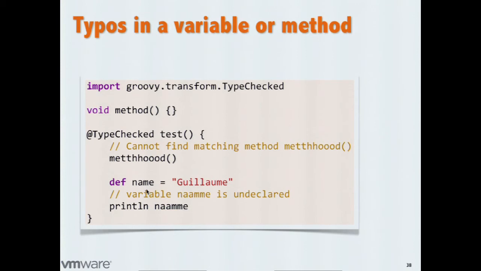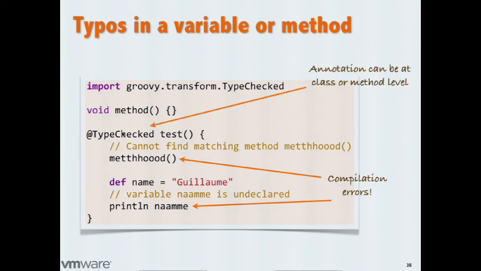Now, if you compile that, because you used the TypeChecked annotation, the compiler will throw compilation errors because it didn't recognize that method and that variable, which don't exist. And the annotation can be put at the method level or at the class level. So you can have the same kind of feedback from the Groovy compiler as you would get from the Java compiler.